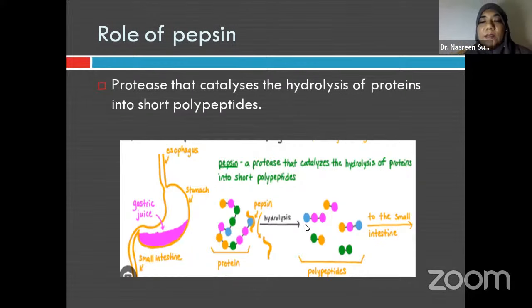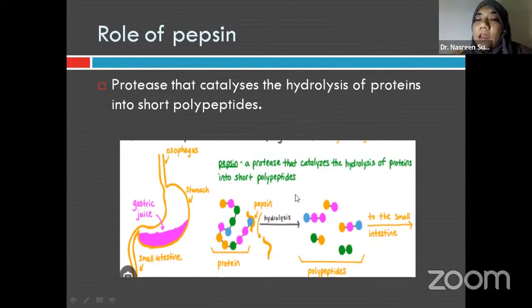You can see here, pepsin is a protein. Protein means a long chain of amino acids that will be broken down into short chains, short polypeptides. Usually it is released in the stomach, which you also have to mention here.